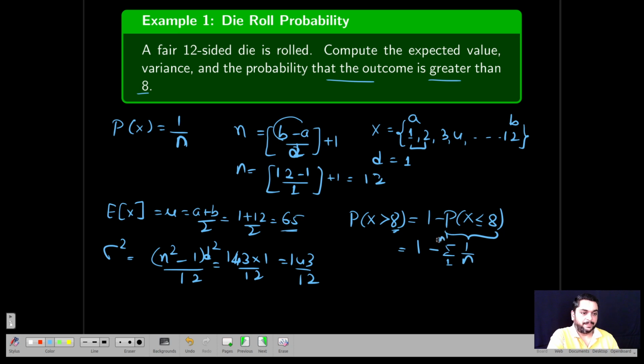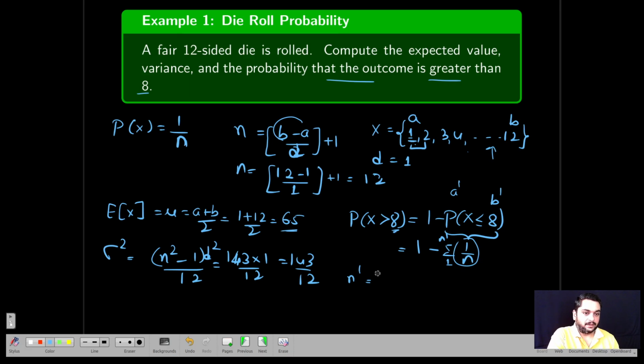Why n dash? They are saying less than or equal to 8, which means 1, 2, 3 up to 8. So you have to find the new n value. How many times you have to add this, that is what you have to find. n dash, again you apply for the new values. Let us say this is b dash and your a dash is already a, from 1 to 8.